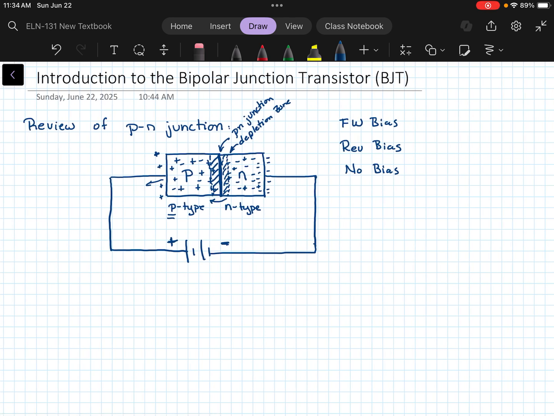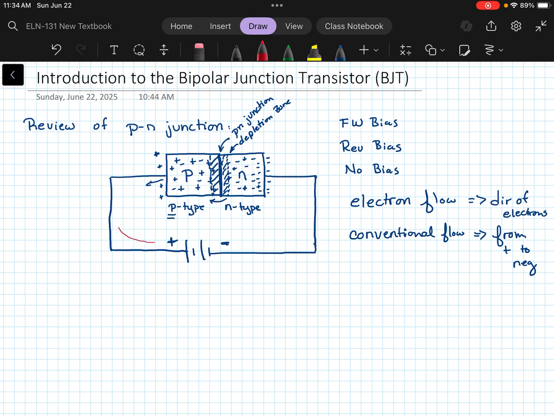Okay, so a couple things. Remember, electron flow is actually in the direction of the electrons. Now, I'm going to be speaking of conventional flow, and conventional flow is the opposite. It's where we assume the current flows from positive to negative.